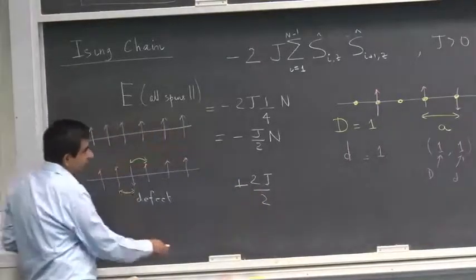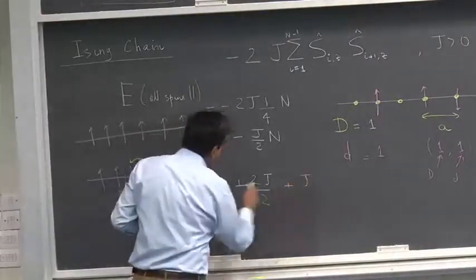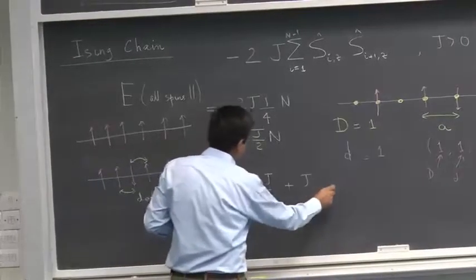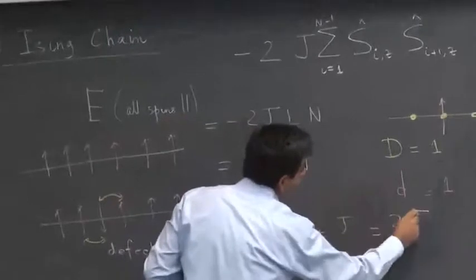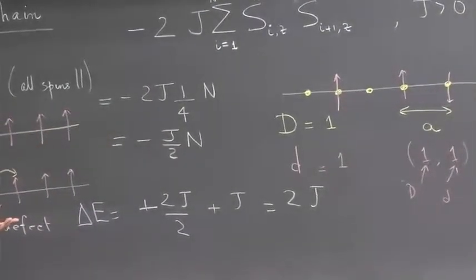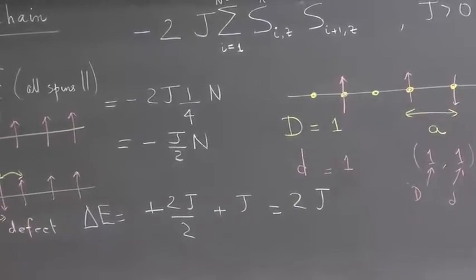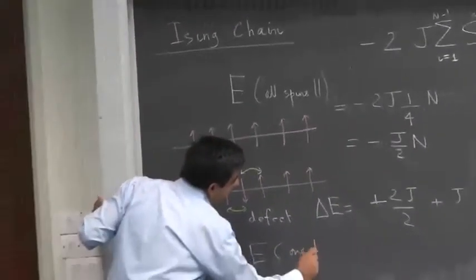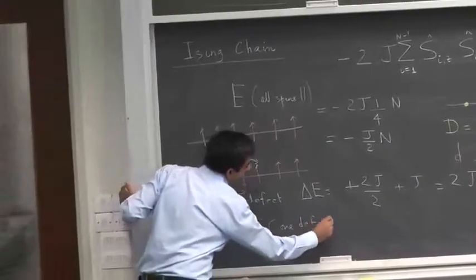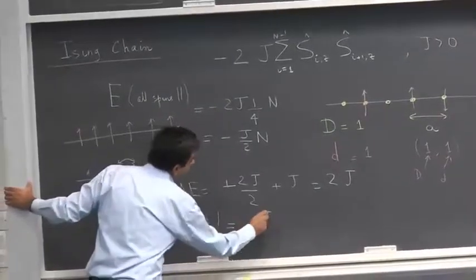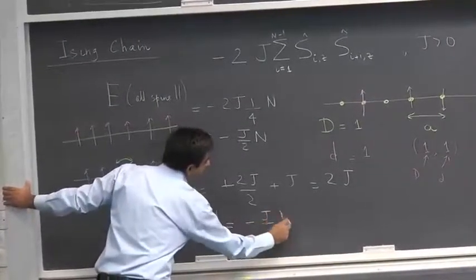And this interaction is also costing this energy. So the energy cost is 2J. So the new energy of the system has gone up. Okay? So the energy with one defect of this chain has gone up, minus J over 2 n.